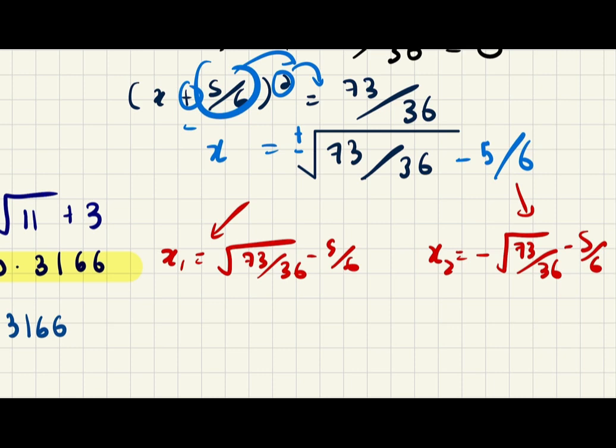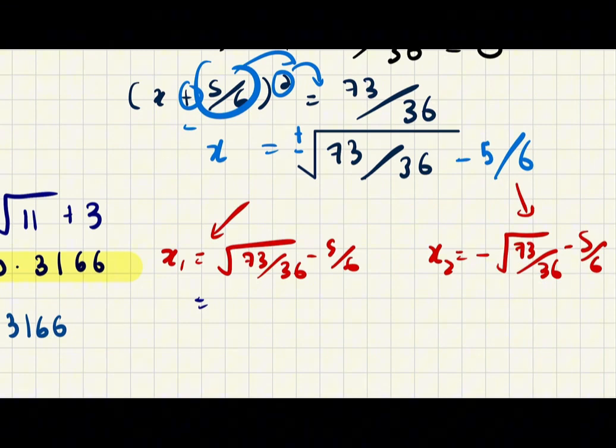Alright, so here, what will you get? Okay, square root of 73 over 36, minus 5 over 6. Sorry, I pressed the wrong one. Square root of 73 over 36 minus 5 over 6.